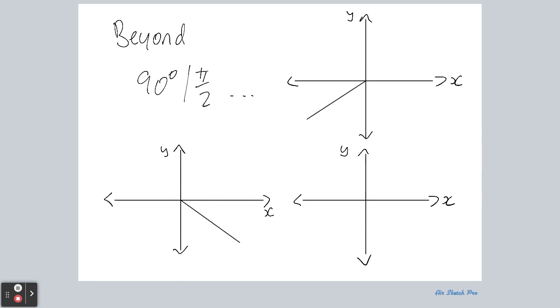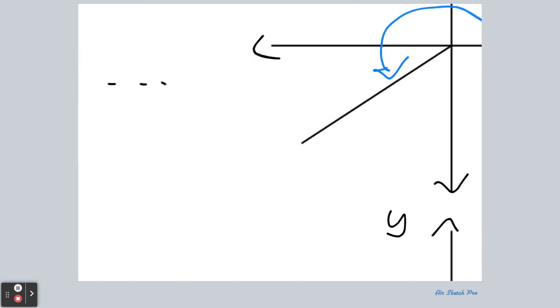So we're going to go from here, always starting from the x-axis, and now we're going to go all the way to here, like so. So let's have a look at the coordinates first. The coordinates here would be negative x and negative y. Yeah, we've gone back on the x-axis and we've gone down on the y-axis.